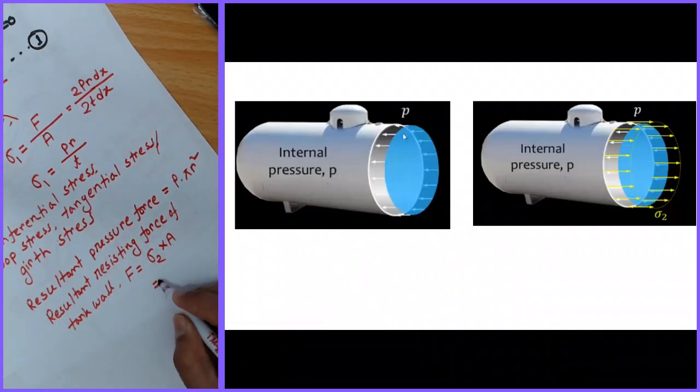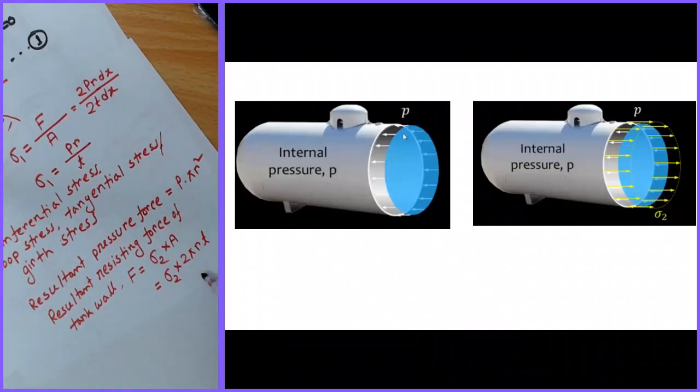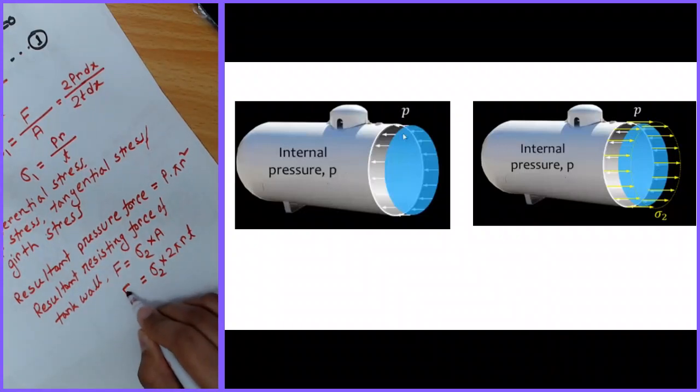And we know this area is twice pi r t. This area is the circumference of the cylinder multiplied by the thickness of the cylinder. Okay, so this is F.